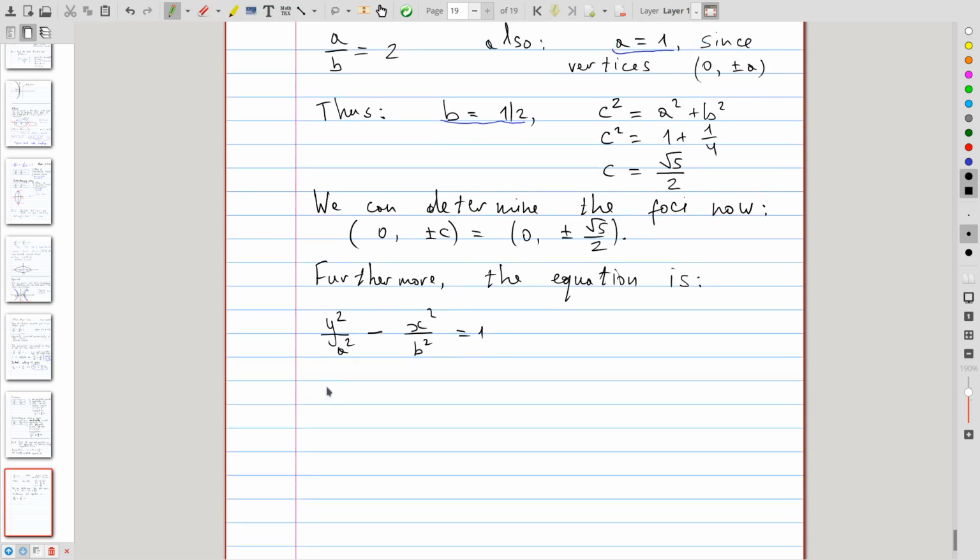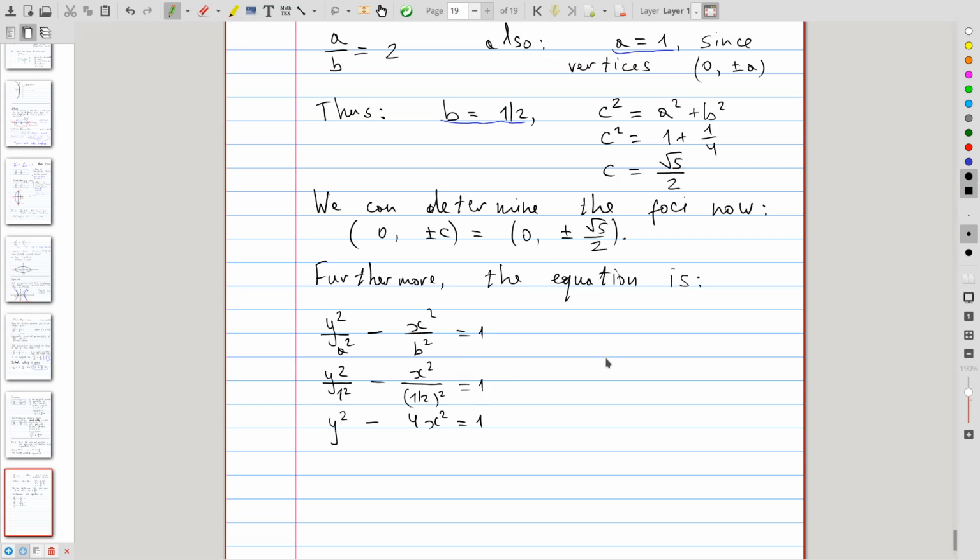And that gives us y squared over 1 squared minus x squared over 1/2 squared equals 1. And that is, of course, y squared minus 4x squared equals 1. So this is the desired equation of our hyperbola.